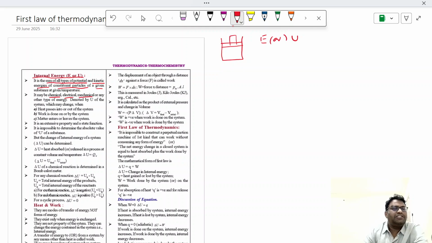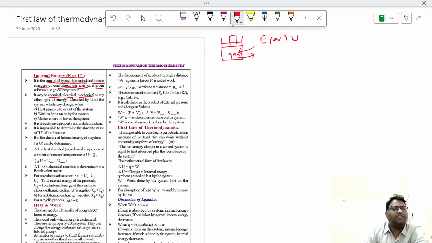This internal energy will change when heat passes into or out of the system. Let us take this gas enclosed in a cylinder as the system. When heat enters the system, internal energy may change. When heat goes out from the system, internal energy will change. That depends upon the conditions.